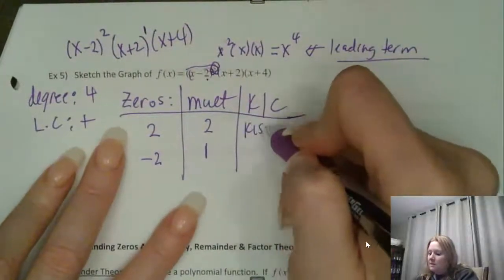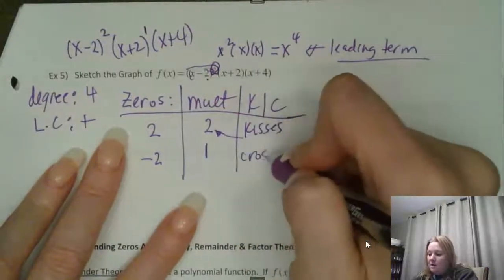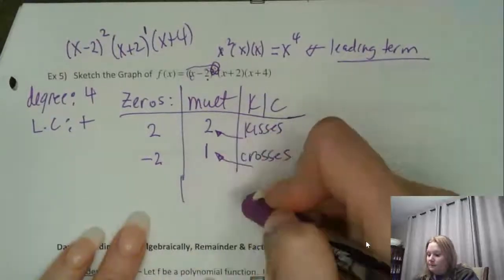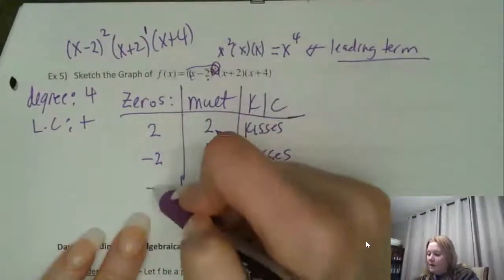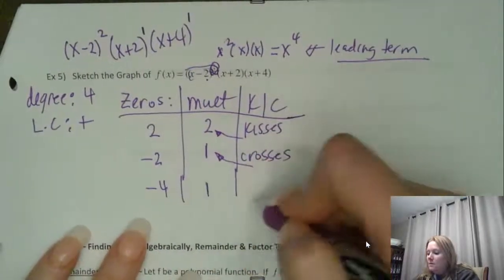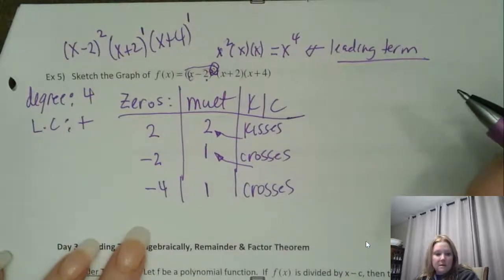So this means kisses, even multiplicity. This crosses because it's an odd multiplicity. And then we have negative 4, which occurs once. So that is an odd multiplicity. So again, crosses.